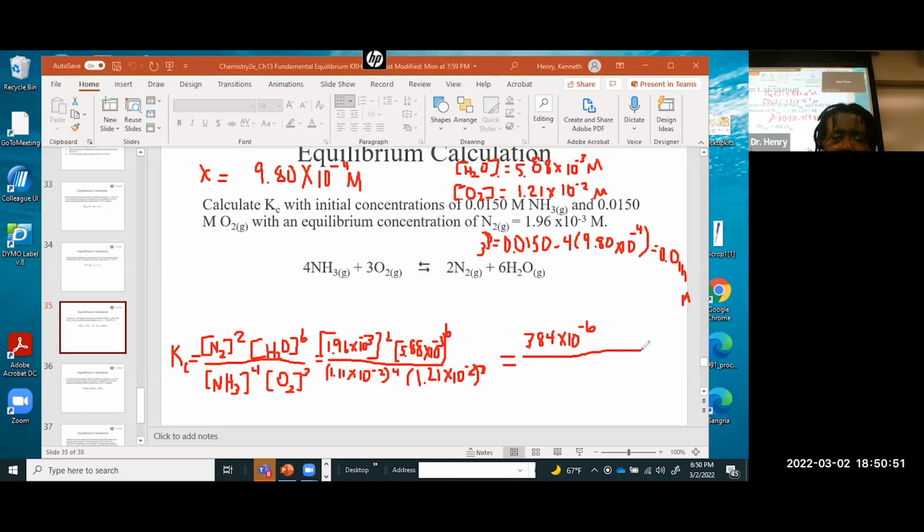Okay, 5.88 to the negative third power, and then we're going to take that to the sixth power. So we get 4.13 times 10 to the negative 14.